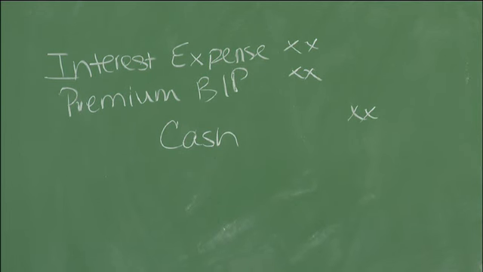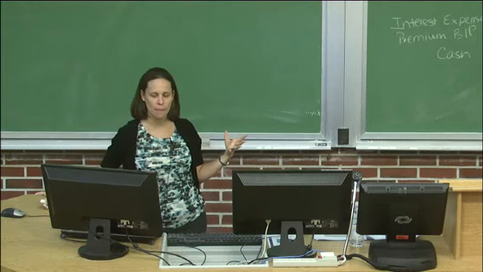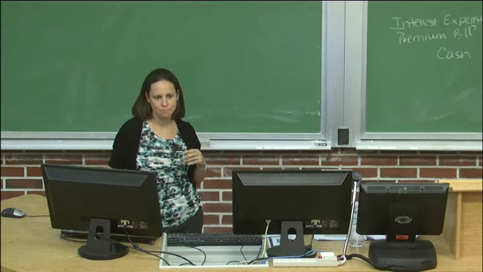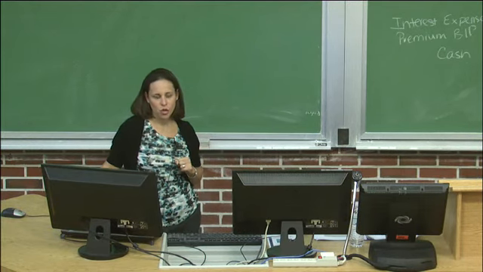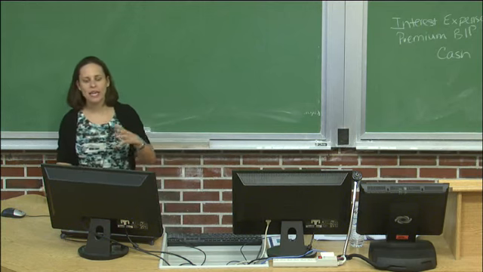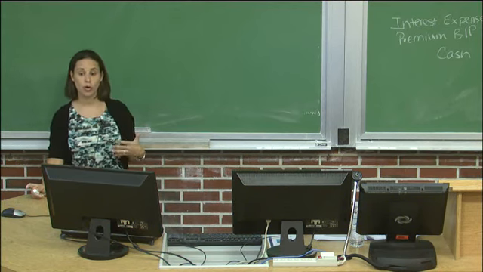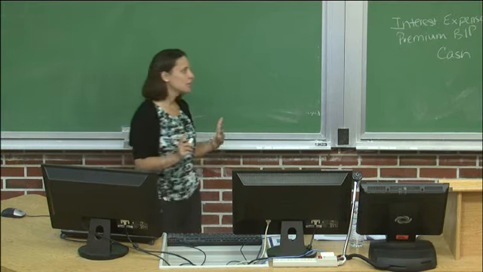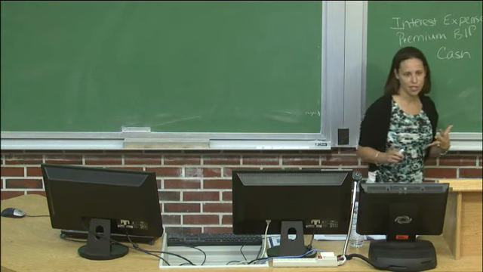If you ever forget how that entry is structured, what can you use to help you remember it? Well, you can think back to the entry that I recorded when the bond was issued at a premium, because that one's easy to figure out, right?